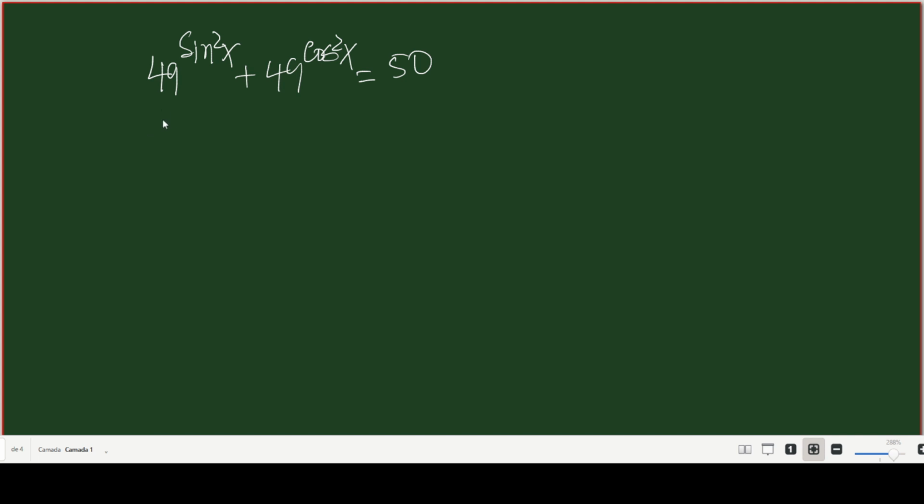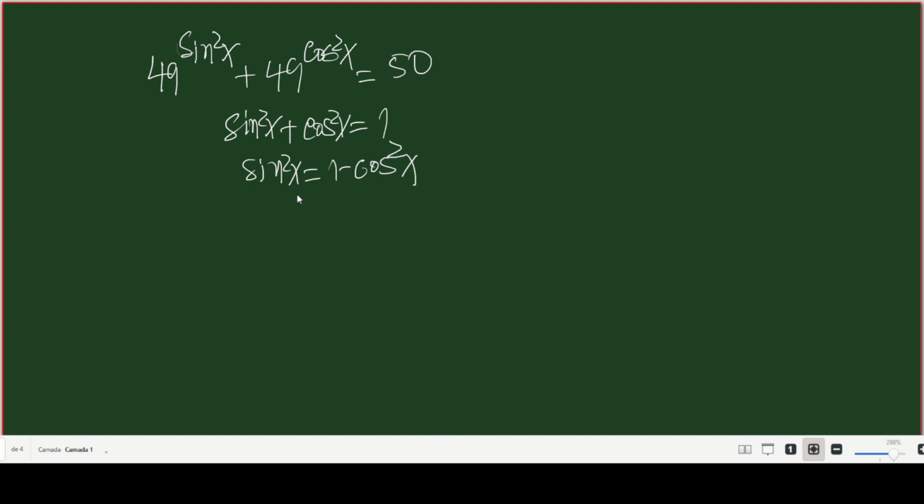And well, first of all, to solve this equation we have to see the relation between sine square and cos square, right? So we have that sine square of x plus cos square of x is 1. So I'm gonna isolate sine square, which is sine square of x, then gonna be 1 minus cos square of x.